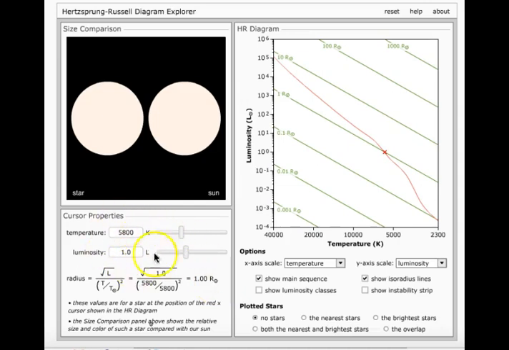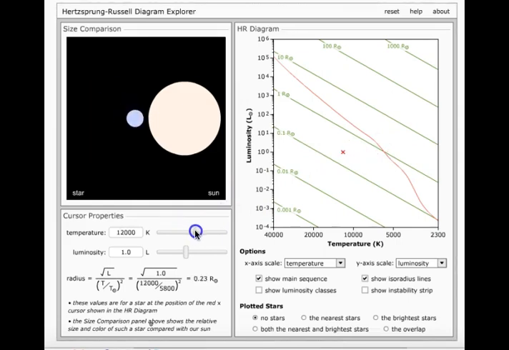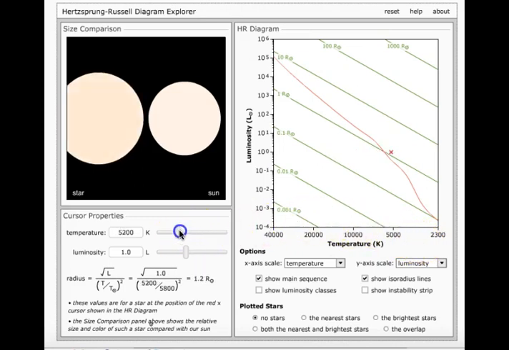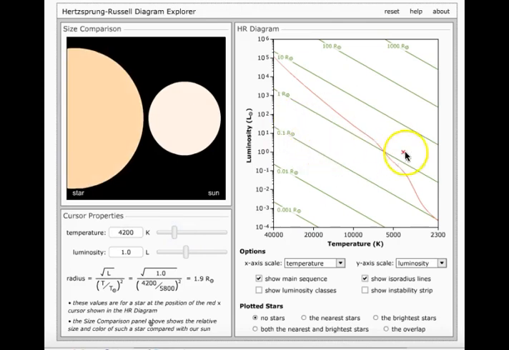So if you change these properties, this little cursor will move on the HR diagram. So for example, if I increase the temperature, you see the star moves to the left towards higher surface temperature. If you bring it down to have a lower surface temperature, it moves to the right.